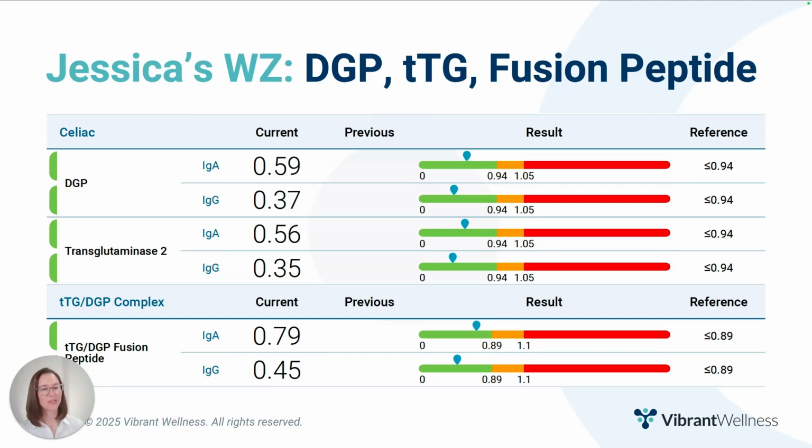Well, in addition to TTG and DGP, Vibrant's WheatZoomer also includes the TTG-DGP fusion peptide. TTG cross-linked to DGP is a biomarker that allows for an earlier window for celiac disease initiation and diagnosis. In other words, it can identify celiac disease progression anywhere from 14 months to 4 years earlier than traditional lab markers. To answer the question, is this patient on the road to developing celiac disease?